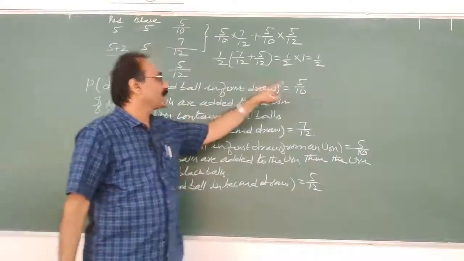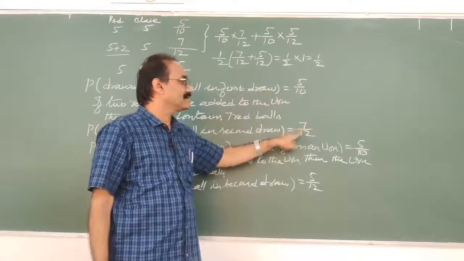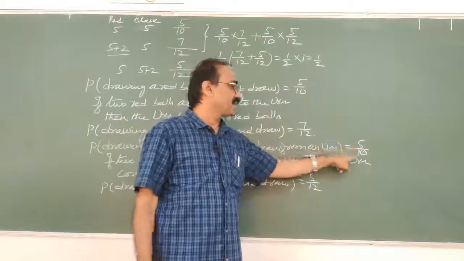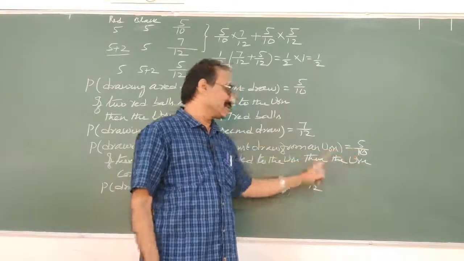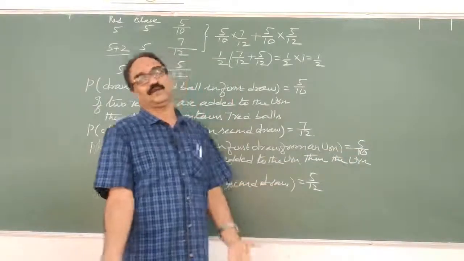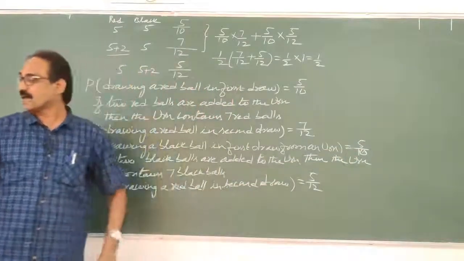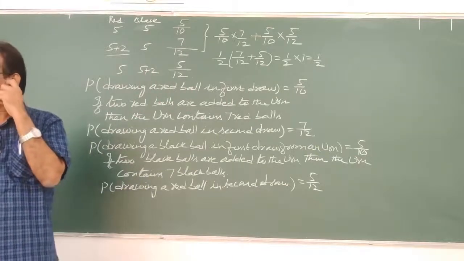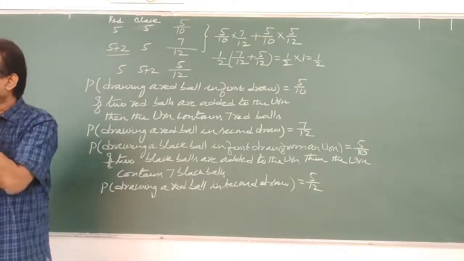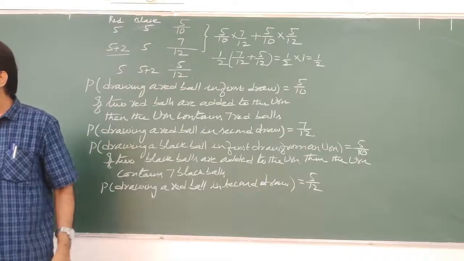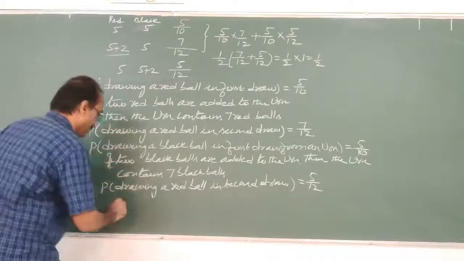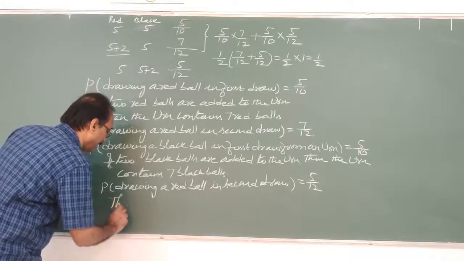If the first time drawn is a red ball, it means 5 by 10, and the second time drawn red ball is 7 by 12. Suppose the first time drawn is a black ball, it means 5 by 10, and the second time also taking a red ball means 5 by 12. So the number of balls will change, but red and black will change according to the color. Correct or not?